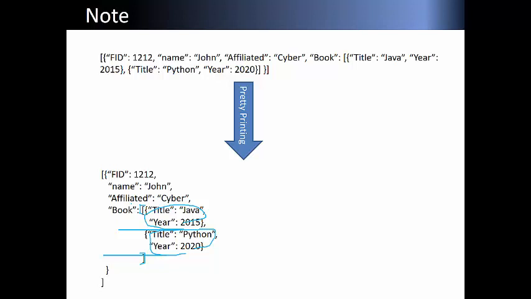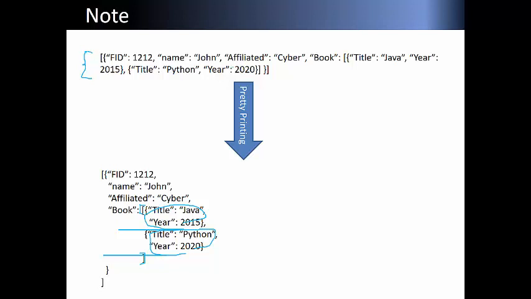So this is a JSON. In a NoSQL database system, we insert the value into a collection in this way. This is the value to a collection.